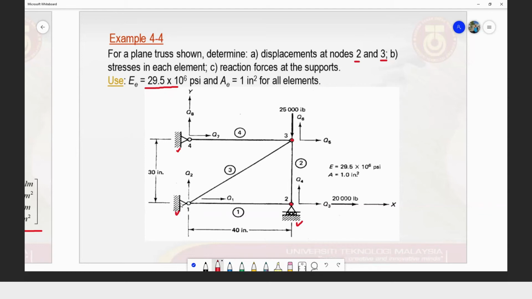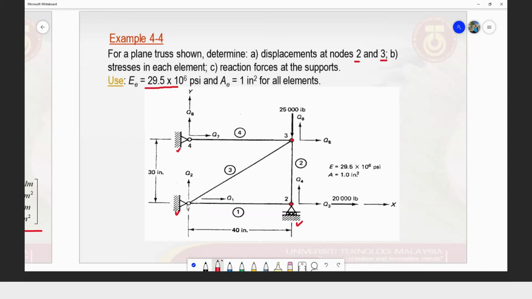So the pin here actually means nothing, because a pin is often used for rotation to display the flexibility of our system to rotate. But for plane trusses, we don't care about this rotation.